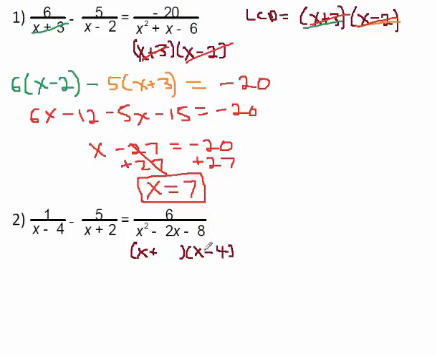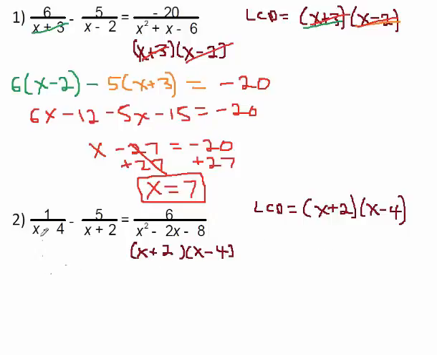Negative 4 and 2 add up to negative 2, and they multiply to negative 8, which means, similar to the previous question, the LCD is x plus 2 times x minus 4, because this will go into all of the other terms. Thankfully, these other two terms have the same expressions as the one underneath this fraction.